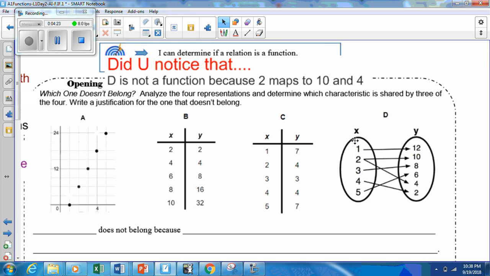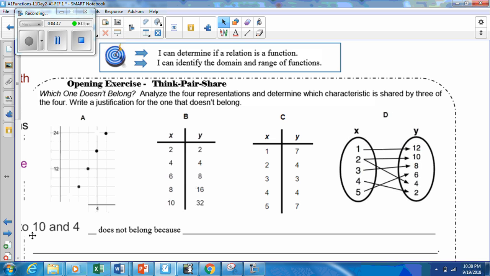Here, 2 is an input that has 2 outputs. Can't have that happen. Right? So 2 makes it such that D is not a function. Okay, let's go to the next problem.